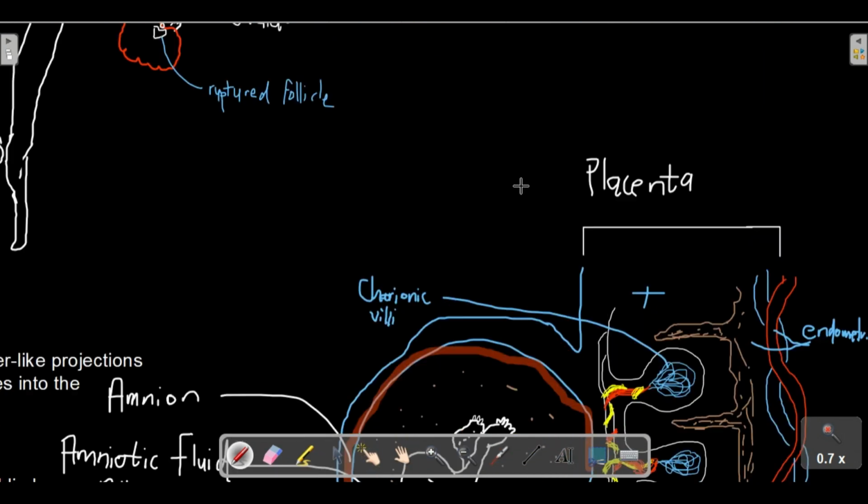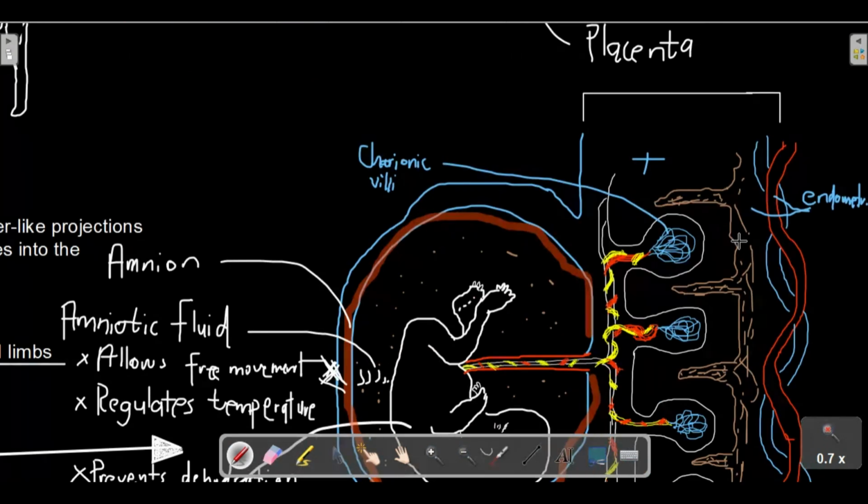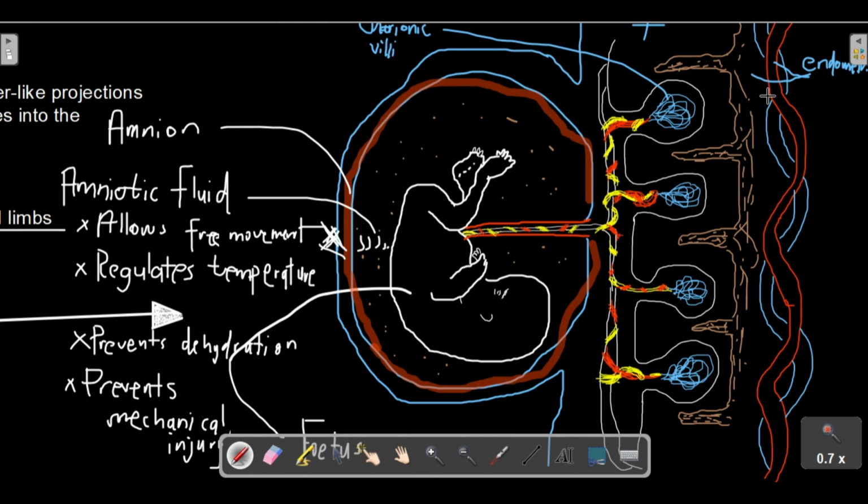Now, a placenta has functions as well that are very important. The placenta is simply the exchange structure between the mother and the fetus. What do I mean by that? Well, nutrients will be passed on from the mother to the fetus via the placenta, and from the fetus to the mother via the placenta. So the exchange of nutrients or substances will be via this structure, which is the placenta.